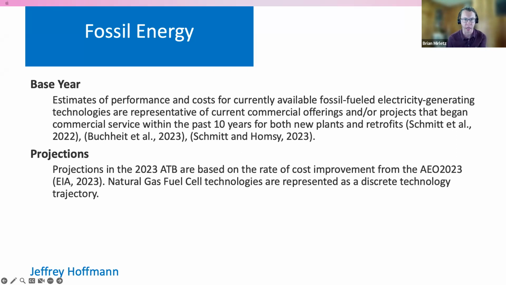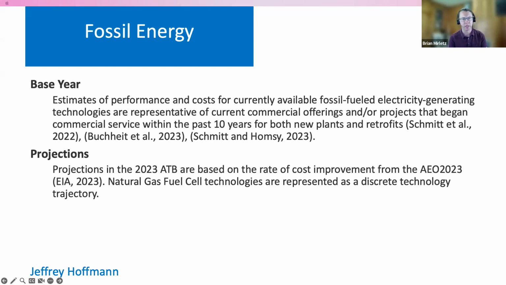Generally, we're looking at projects that are representative of current commercial offerings and/or projects that could begin commercial service within the past 10 years. The key references there are listed. If you've heard of Rev 4A from them, that's that first Schmidt et al. reference, which is what we used to update the carbon capture and storage rates to 95% in the mid-year update.